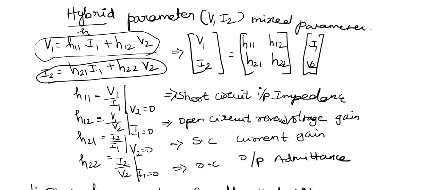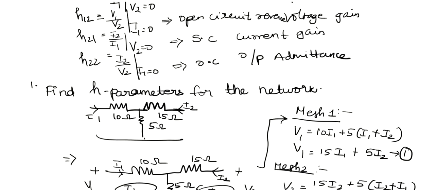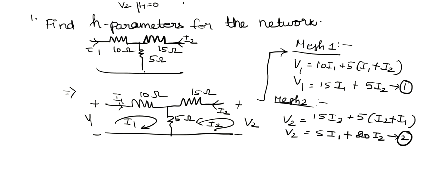Seeing this, we are having only two options: either I1 is 0 or V2 is 0. So have an idea. Now start with the sum. Look at your equation number 1 and 2.